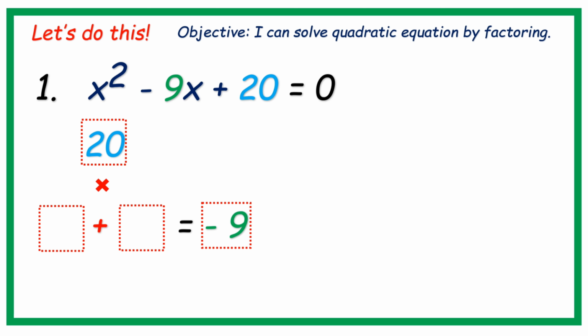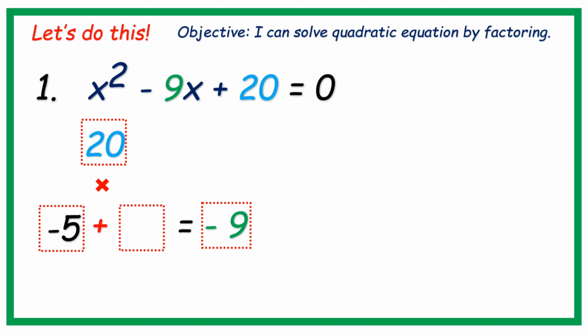So think of factors of 20. For example, we can have 2 times 10. 2 times 10 is 20, but when you add 2 plus 10, it's 12. So it's not. The answer here is kind of tricky.